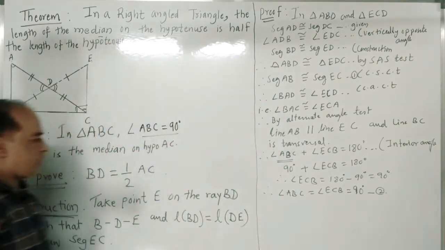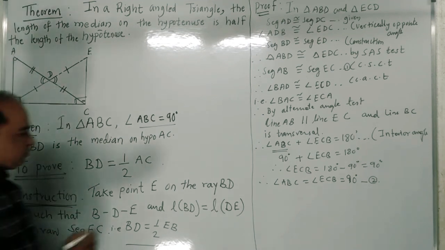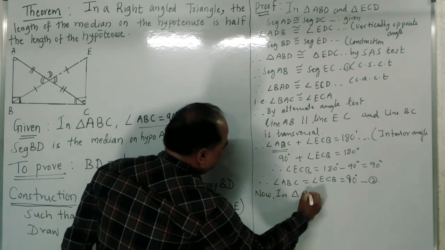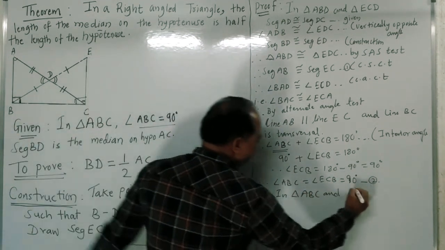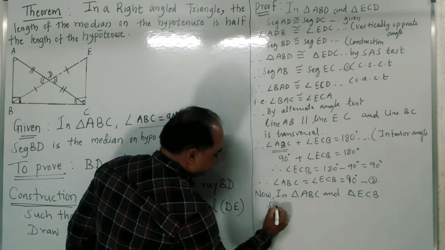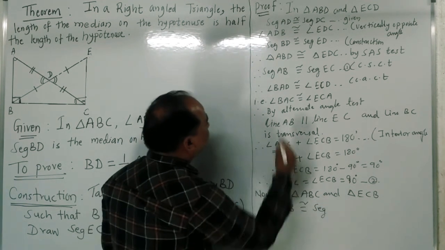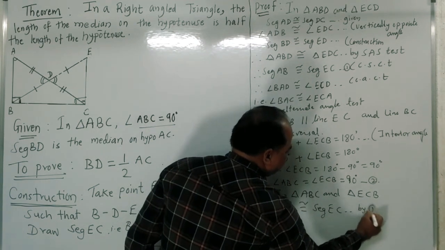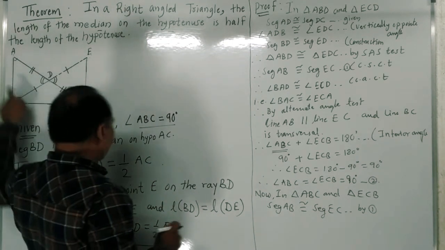Number two. Now, in triangle ABC and triangle ECB, segment AB is congruent to segment EC, by the first statement we have proved.